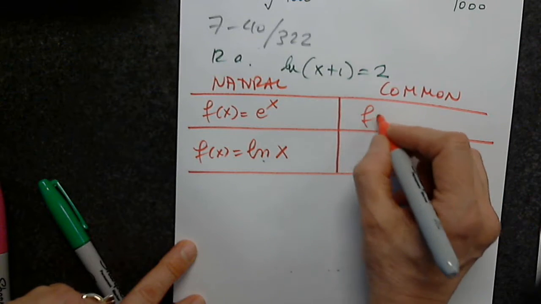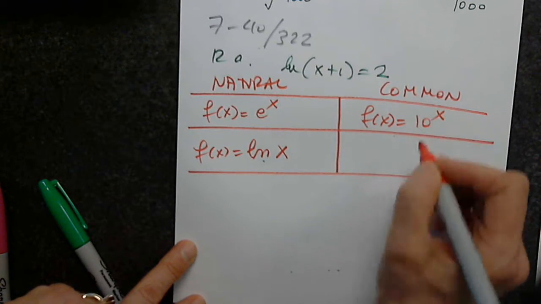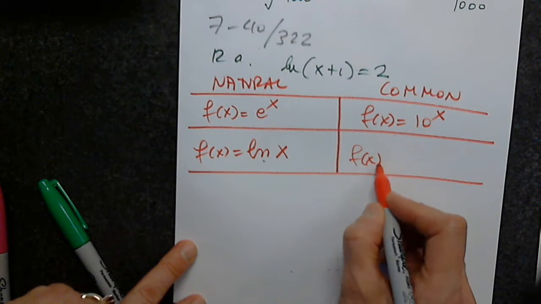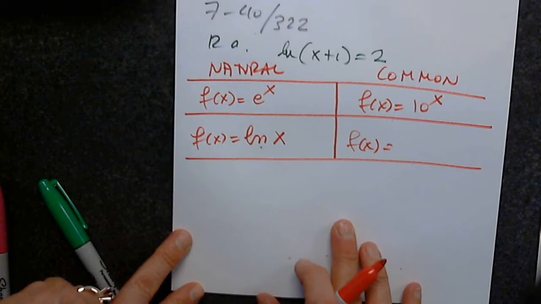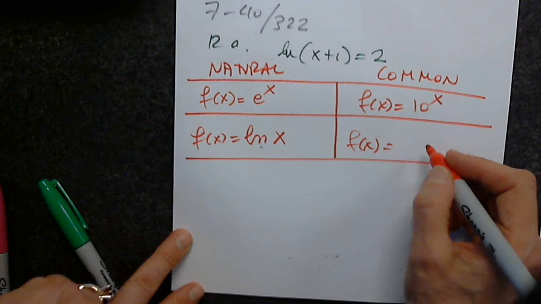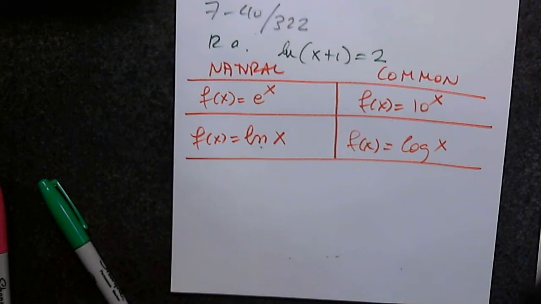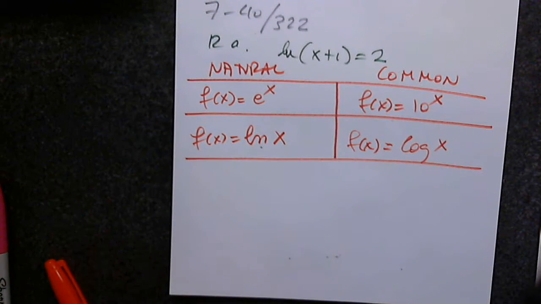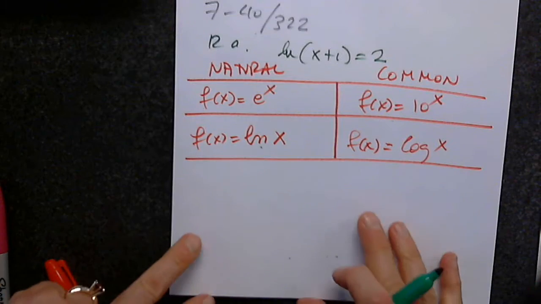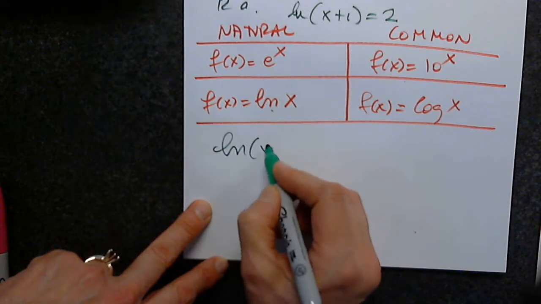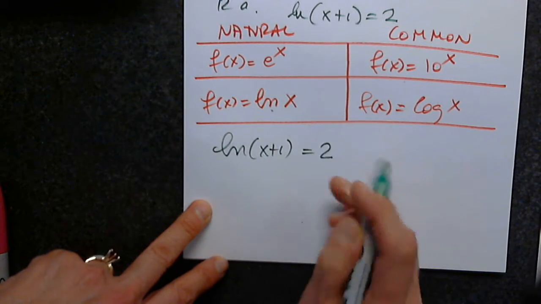So common, f of x equals 10 to the x. And what is the common log function? Yes, with no base. Correct. But we know that the base is 10. So then, our equation ln applied to x plus 1 equals 2.